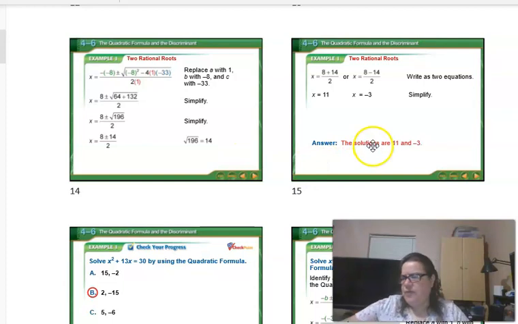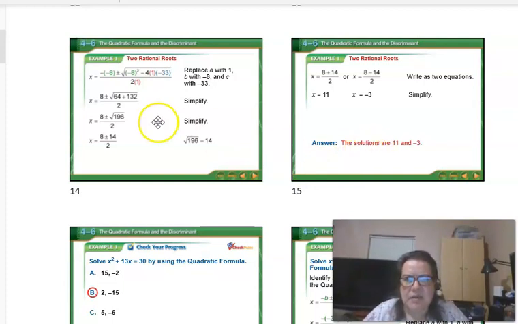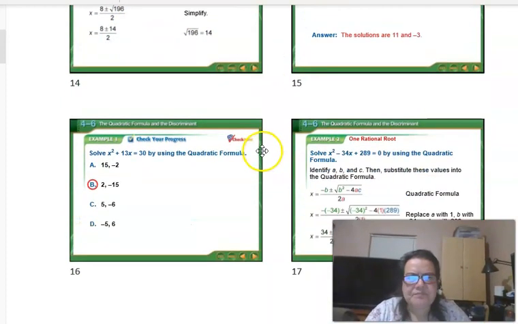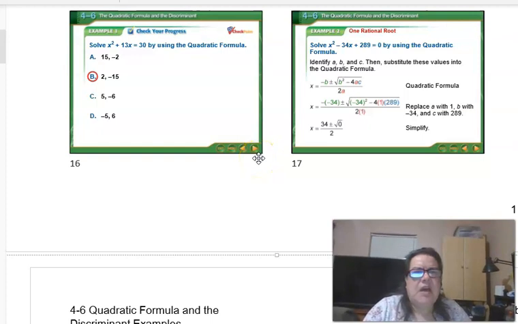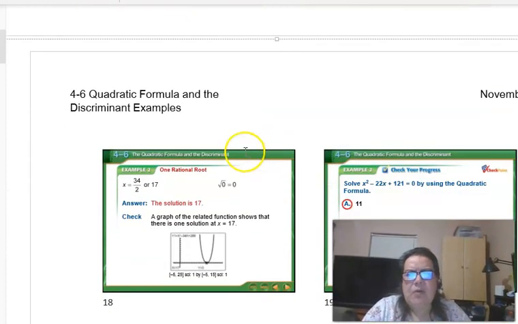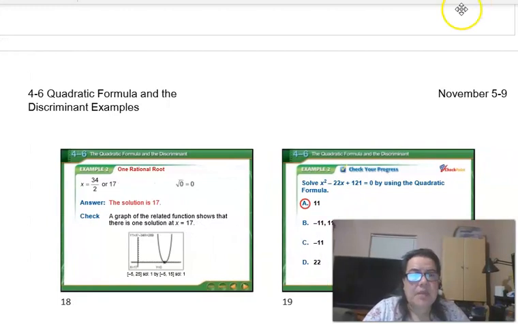And then, of course, you find the solutions based on whatever you have to do there. So basically, you follow the example just like I was showing you in the notes, and you should be fine.